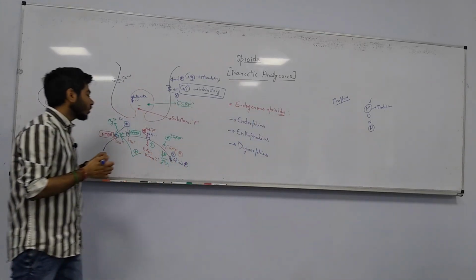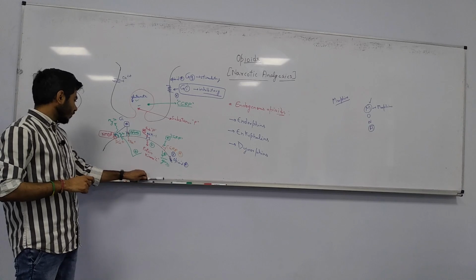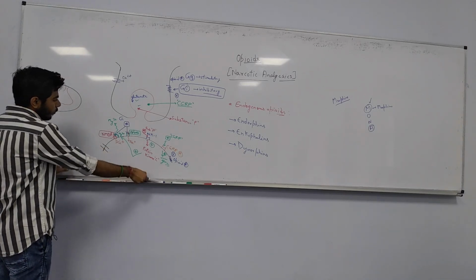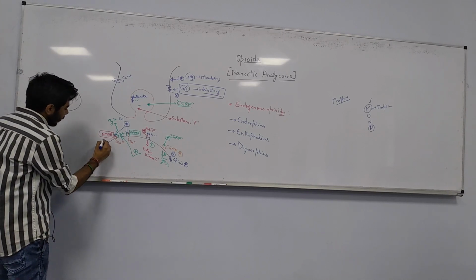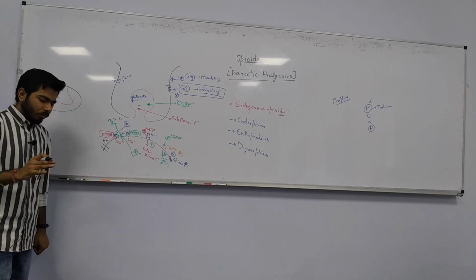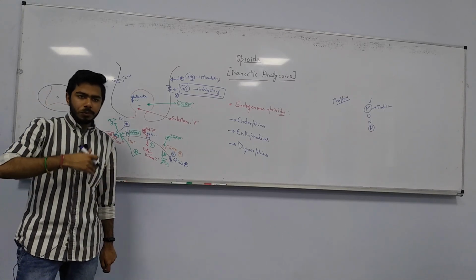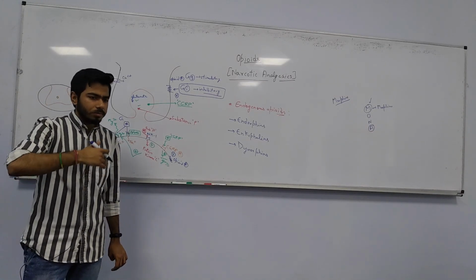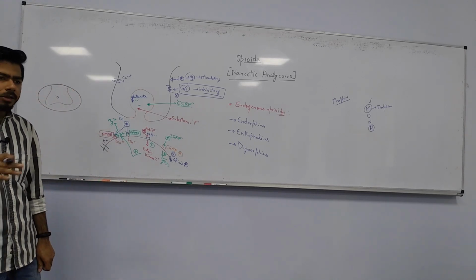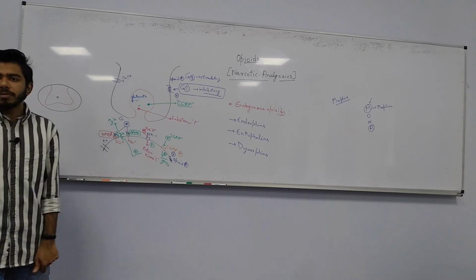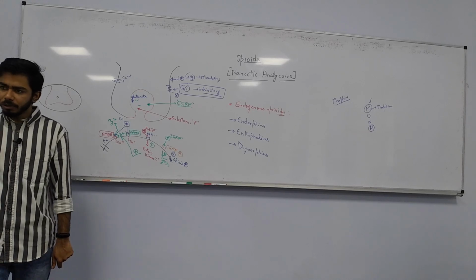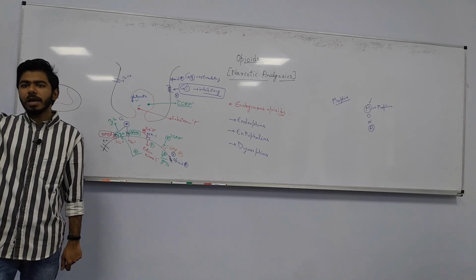We have potassium channels on the postsynaptic membrane. If the influx of sodium ions or calcium ions happens, we know there is a depolarization. If the efflux of potassium ions happens, that leads to repolarization or hyperpolarization.